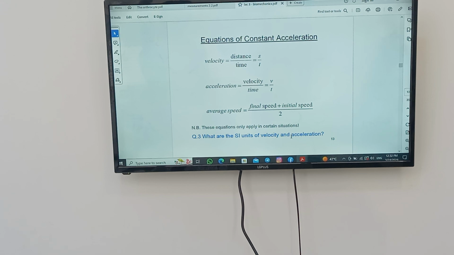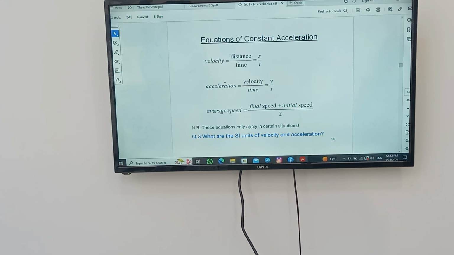Now we have equations of constant acceleration. We can know the value of velocity by dividing distance over time. The distance symbol is s, so velocity is s over t. The acceleration is velocity over time, v over t.